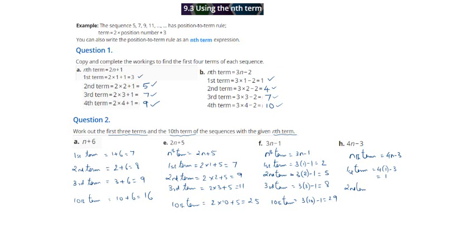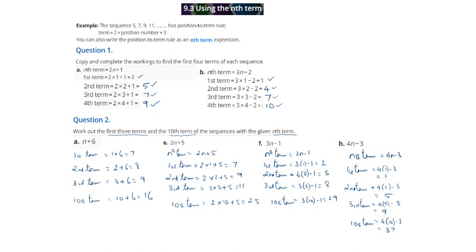Second term is equal to 4 times 2 minus 3 is equal to 8 minus 3 is 5. The third term is 4 times 3 minus 3 is equal to 9. And the 10th term is equal to 4 times 10 minus 3 is equal to 40 minus 3 is 37.